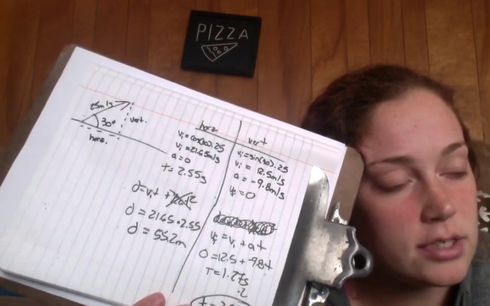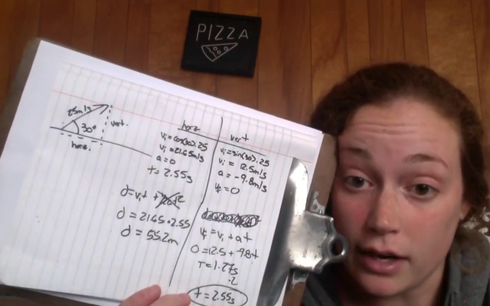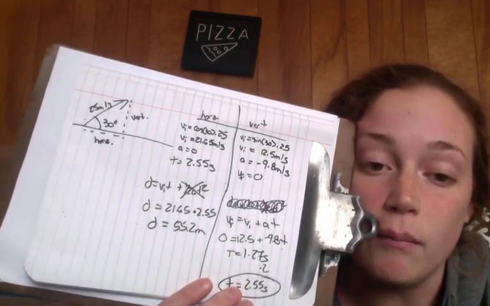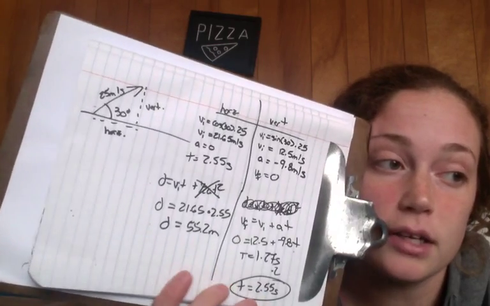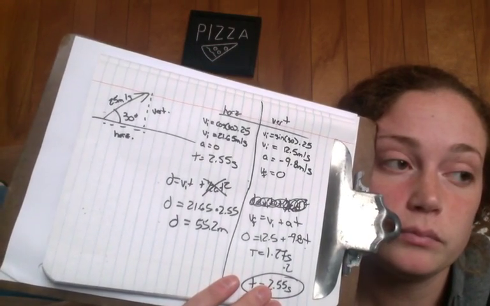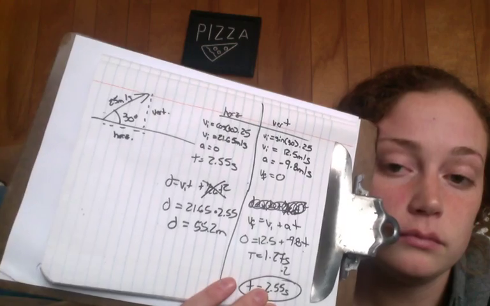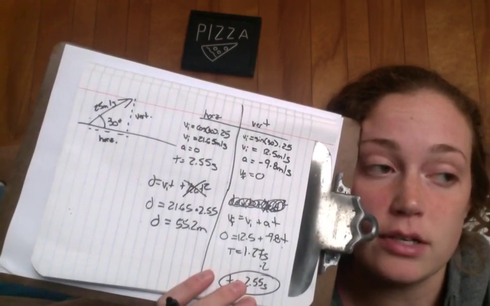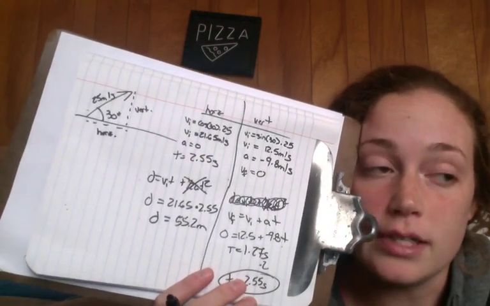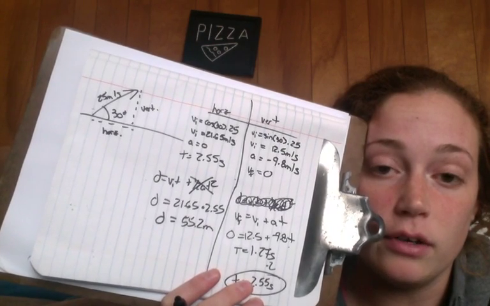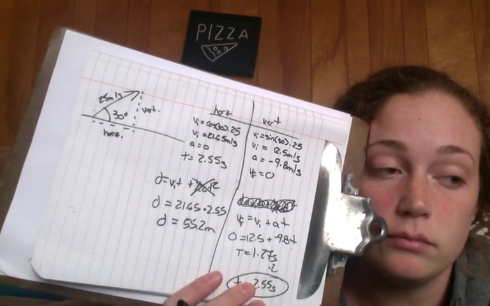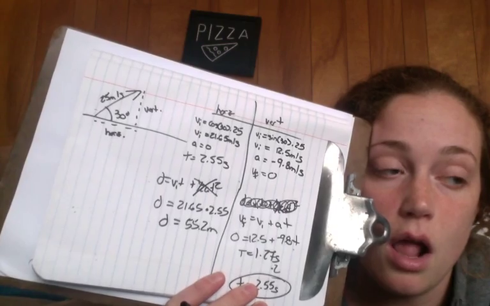The acceleration is negative 9.8 in the vertical direction. You have to remember we have to split it up. In the horizontal, my acceleration is always 0. My vertical, it's 9.8, but then I have to figure out if it's negative 9.8 or positive 9.8.